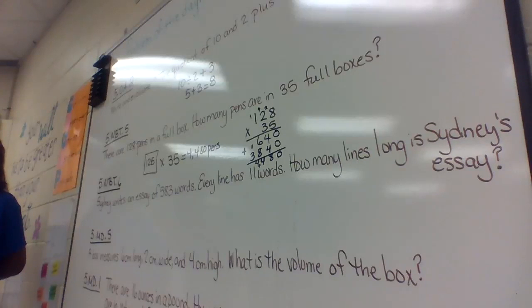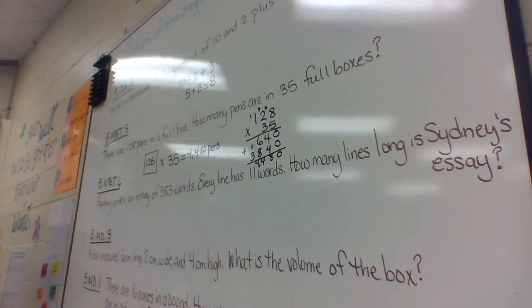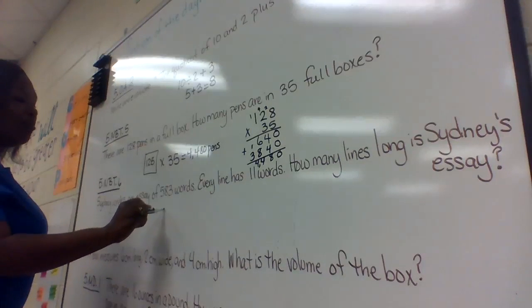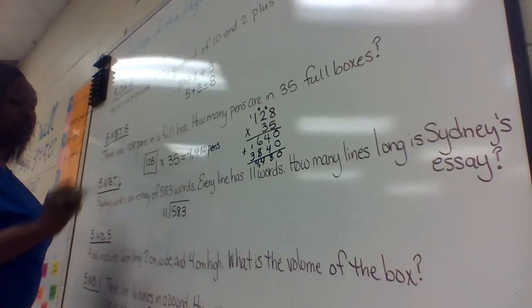That's her total. So Sydney has a total of 583 words. Every line is worth 11 words. So, how many lines is the essay? What will we do here? Divide.